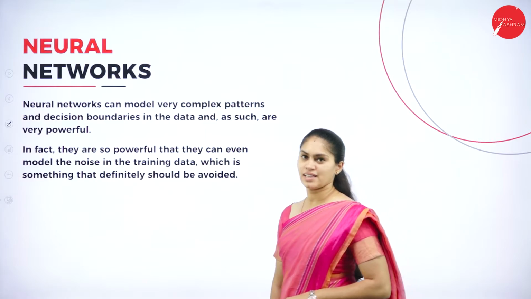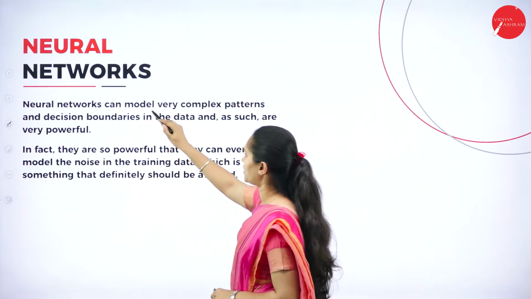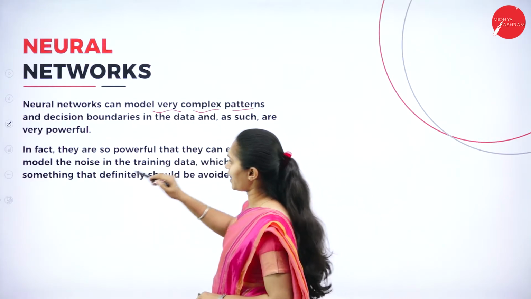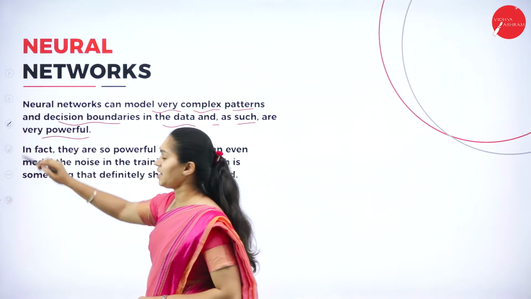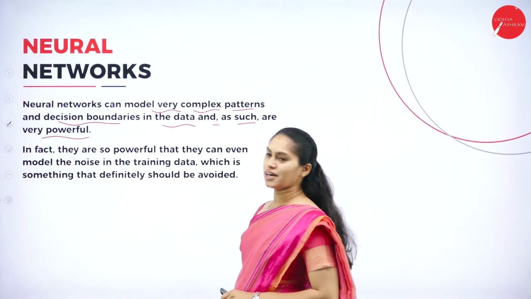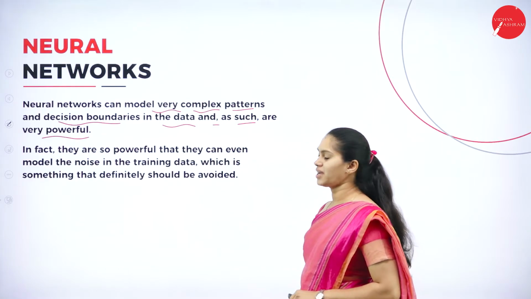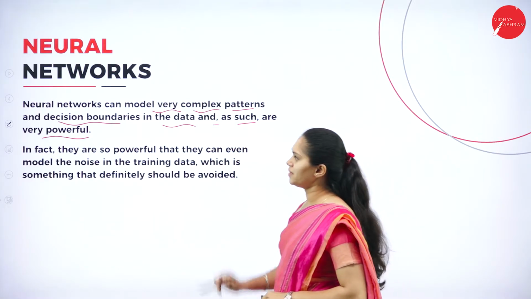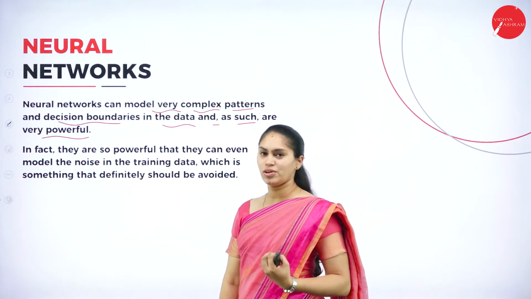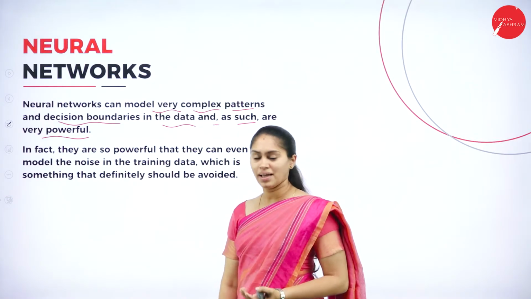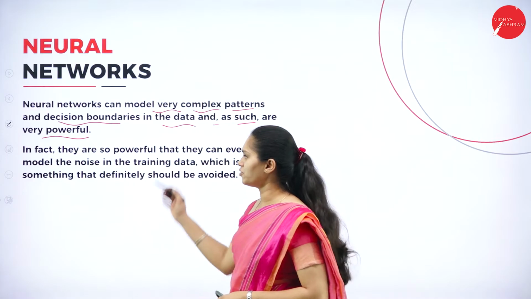We are also considering that these neural network models capture very complex patterns and decision boundaries in the data, and as such they are very powerful. We are going to use this neural network for decision making, and though it is considered a complex pattern and decision boundary, it is powerful. Though it is difficult or complex, it will yield a powerful decision.